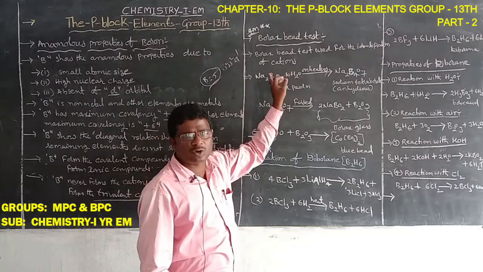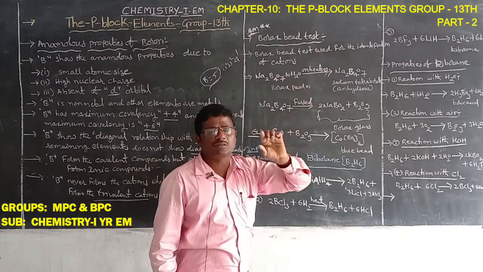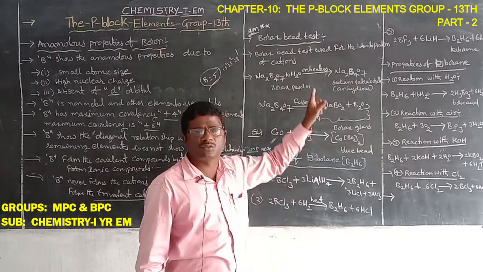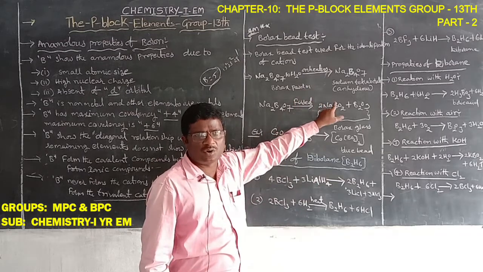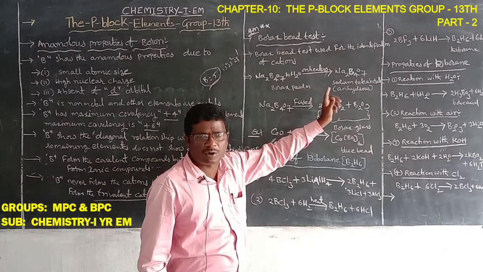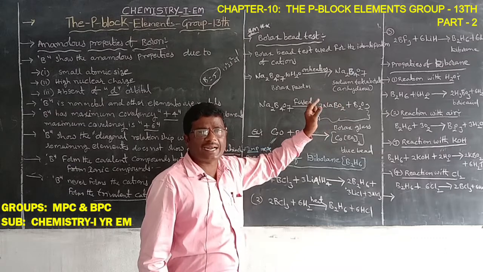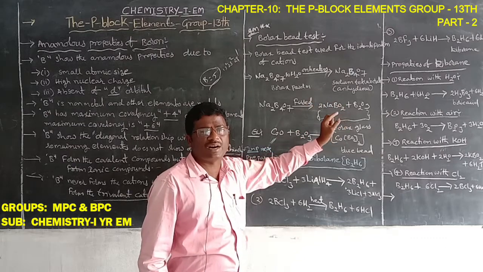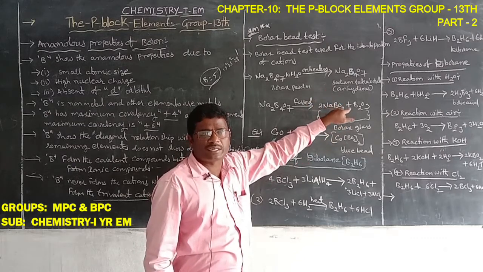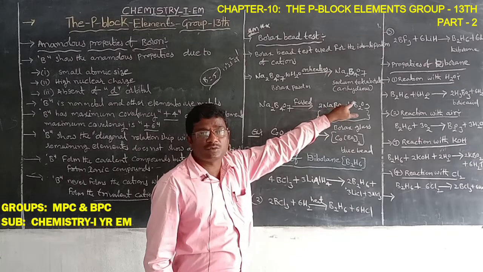On heating the borax powder, formula Na2B4O7.10H2O, white anhydrous sodium tetraborate is formed. Sodium tetraborate general formula: Na2B4O7.